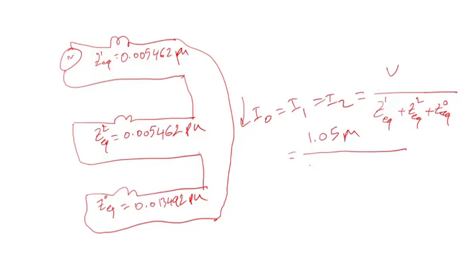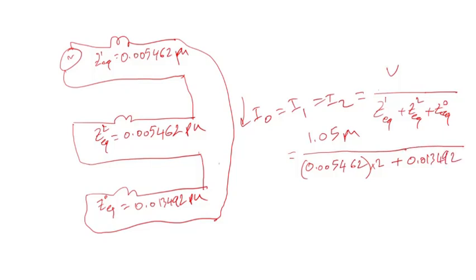So you just add these: 0.05462, and since the positive and negative are the same, you do times 2, plus the zero sequence impedance 0.0139492.